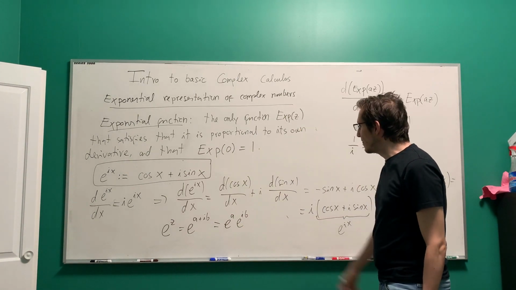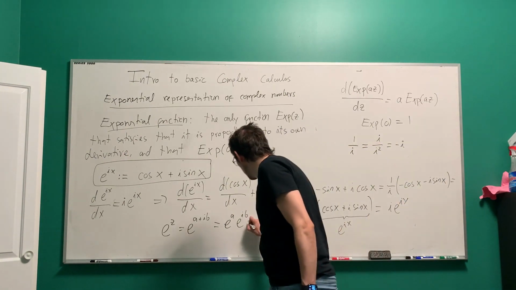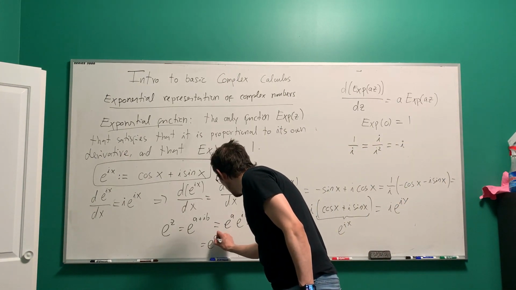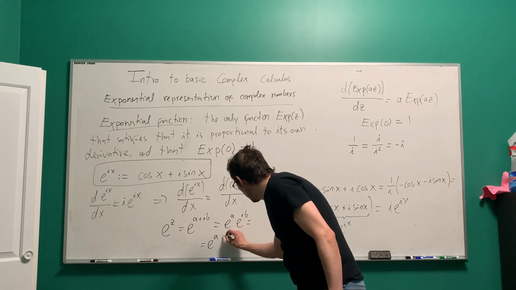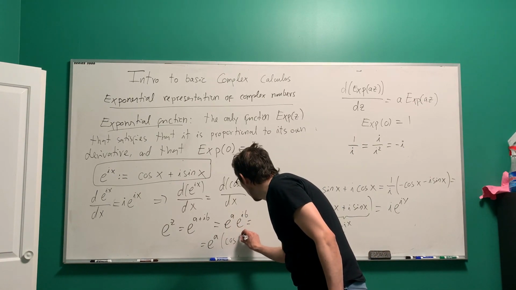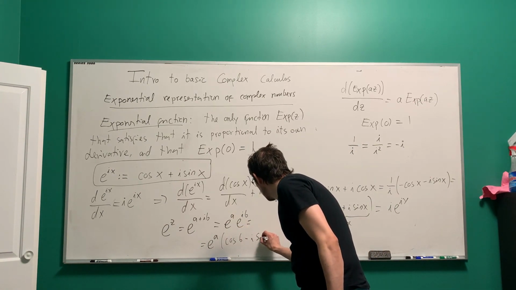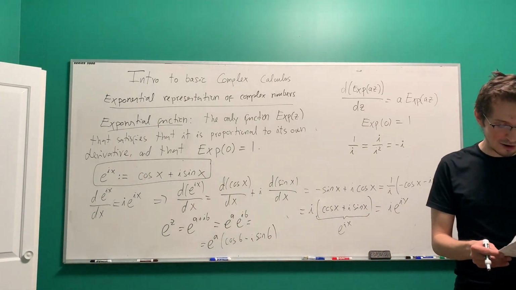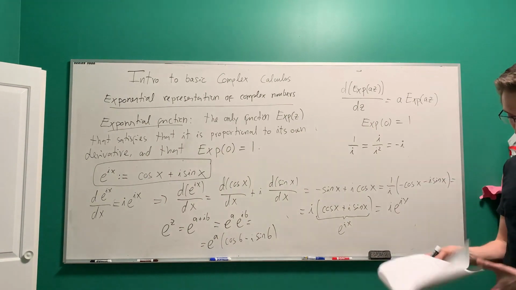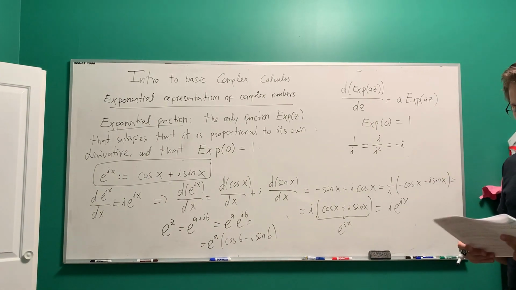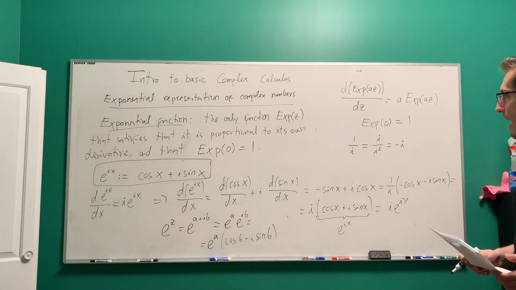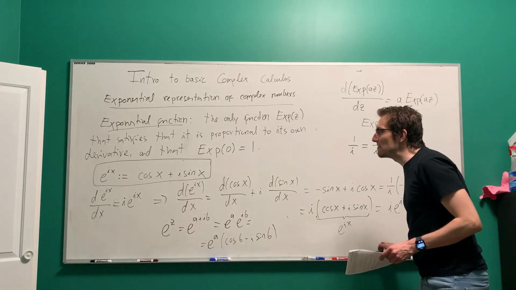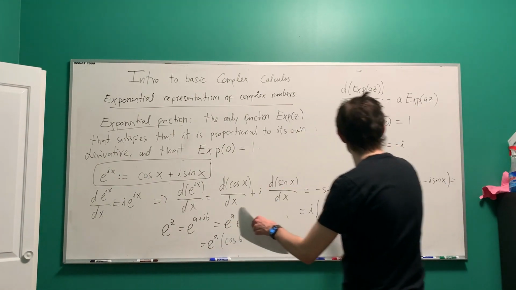Look at this, we have e to the a times cosine of b plus i sine of b. So we know how to do exponentials now. Wonderful.